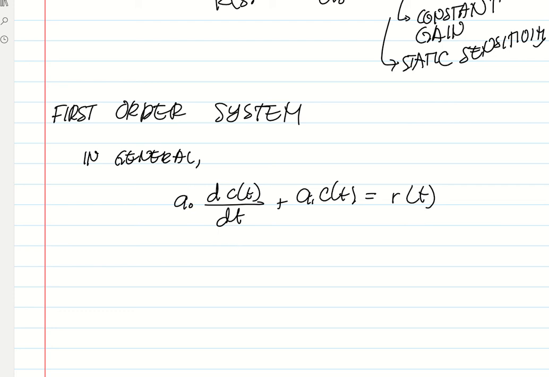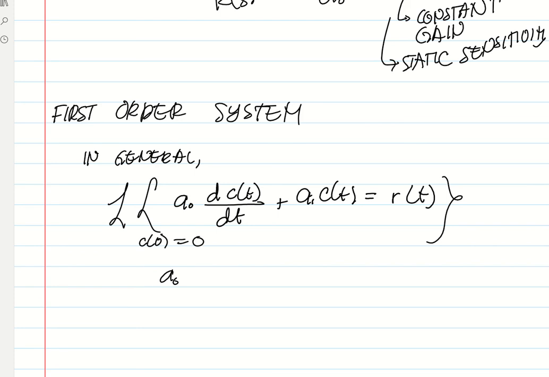So if we solve for the transfer function of this kind of system, you take the Laplace of this. This will be a of 0 times the Laplace of the derivative, and remember, we can also assume that c of 0 is equal to 0 here.